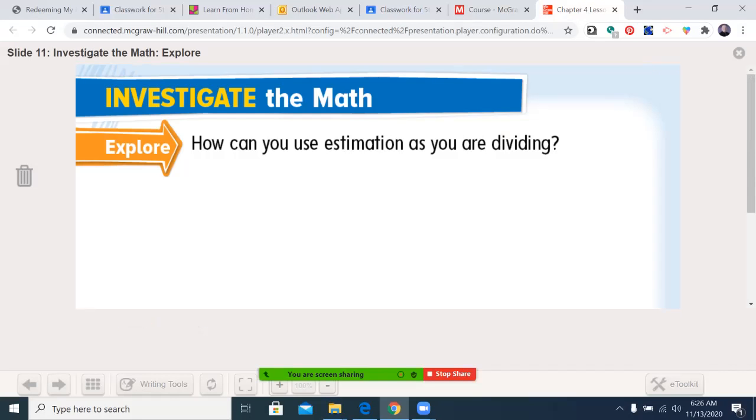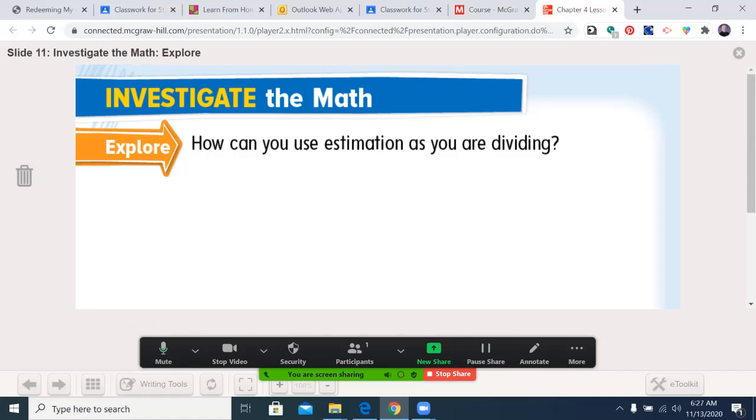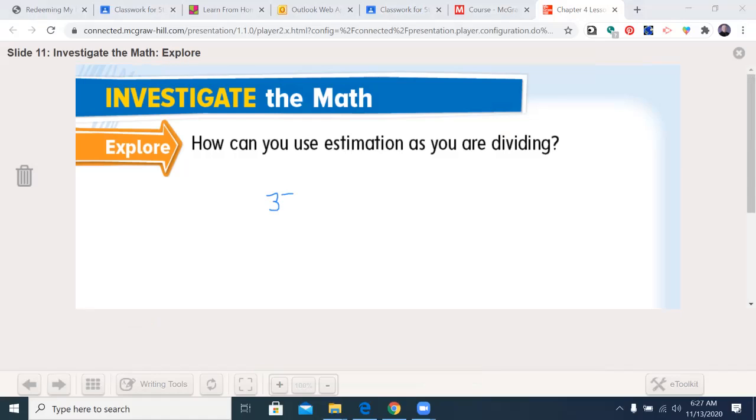So how can I use estimation as you're dividing? And this was alluded to at several points of the last lesson. Let's put out a sample problem here. Let's say I had 37 into 894.